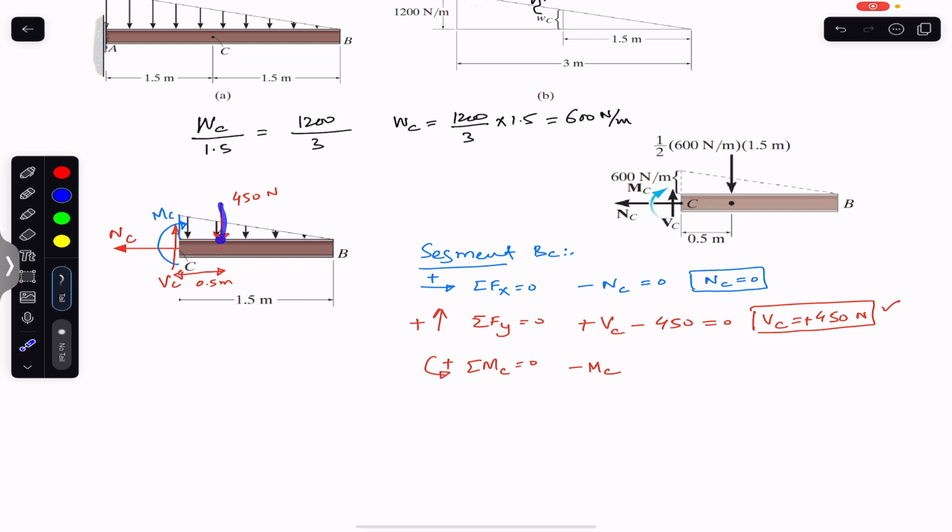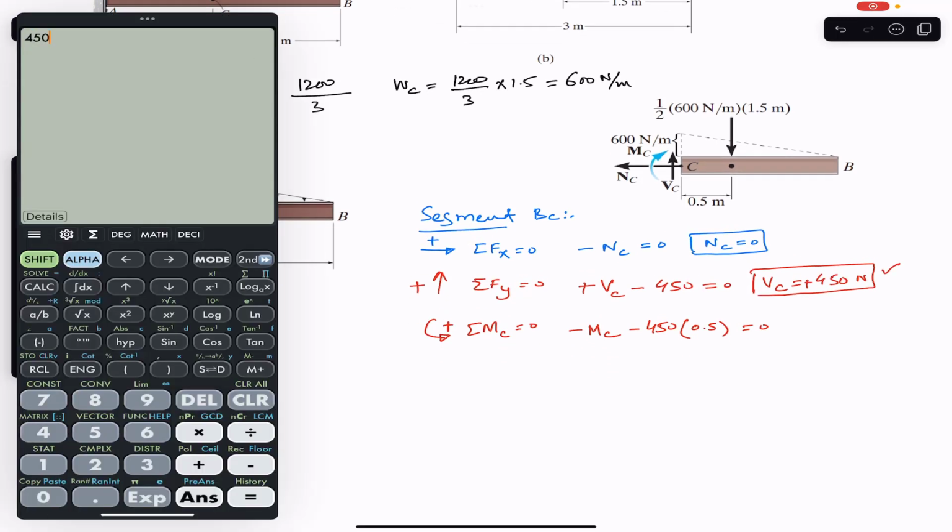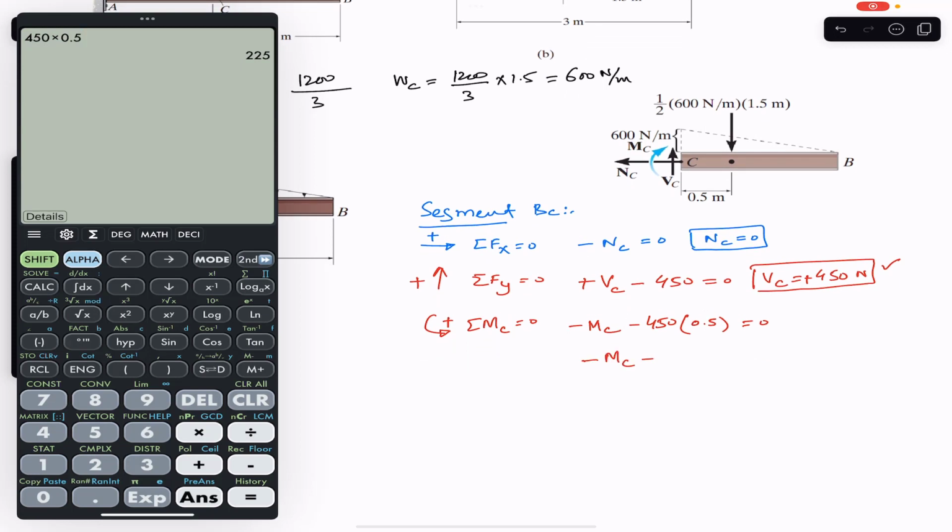The 450 Newton force also produces a clockwise moment, so we write minus 450, and its moment arm from point C is 0.5, so we multiply 450 by 0.5, and this equals 0. 450 into 0.5 is 225, so minus MC minus 225 equals 0, and from this MC is minus 225 Newton meters.